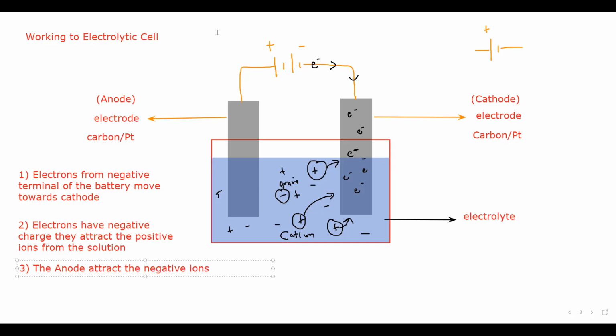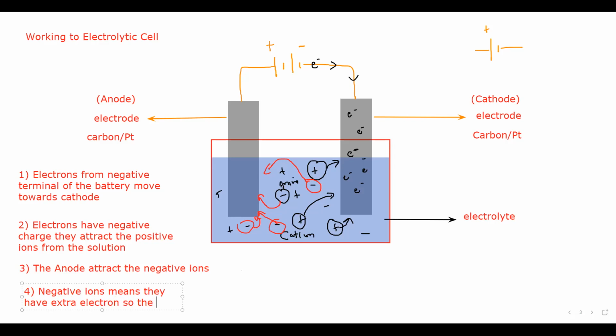So the anode will attract the negative ions, and these negative ions will move, or migrate, towards the anode. Then what will happen? The term negative ion means they have an extra electron.